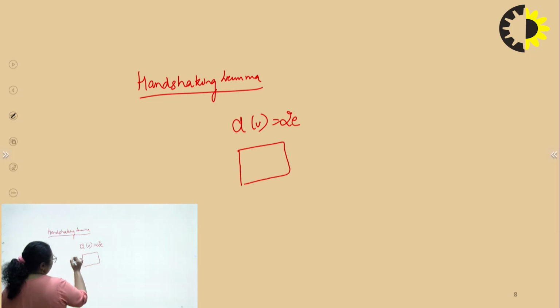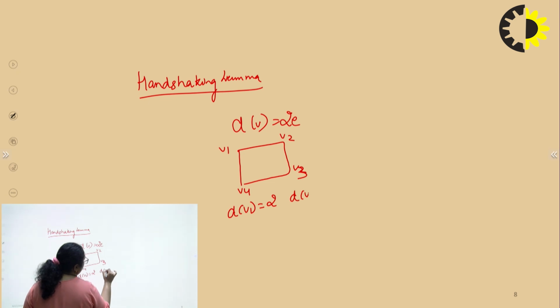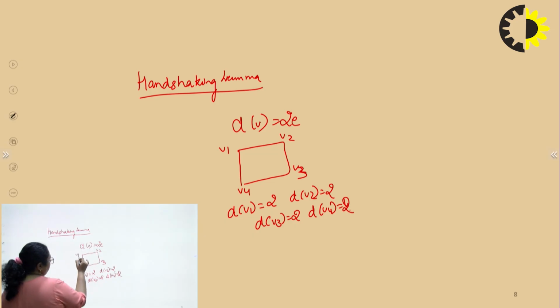So I am taking this with the help of an example. If we look at the degree of vertex V1, it is 2. Vertex V2, it is 2. Vertex V3, again 2. And vertex V4 is again 2. So we can say that each edge is contributing degree to 2 vertices.